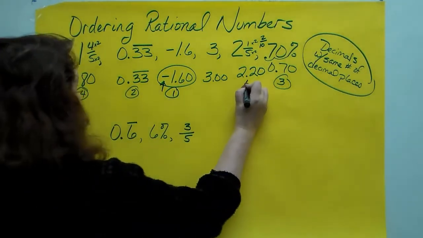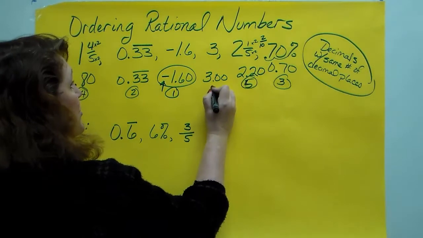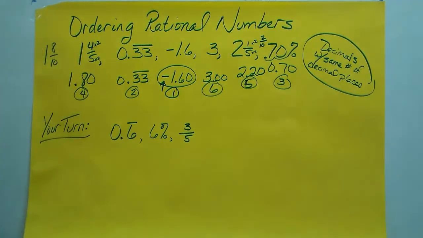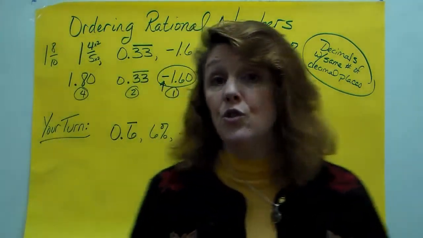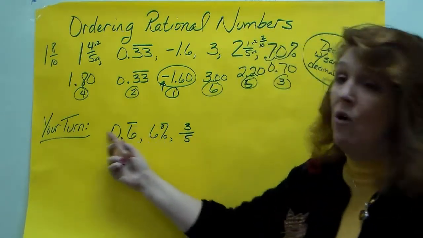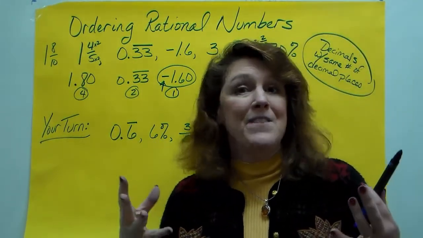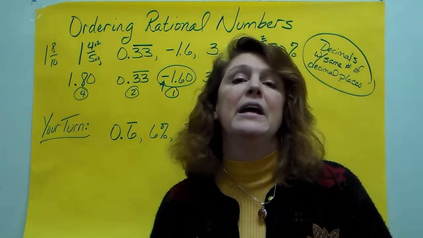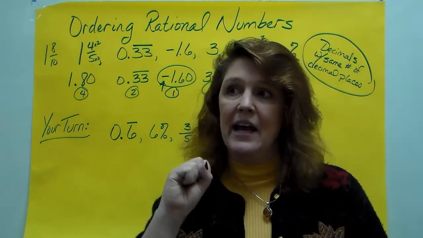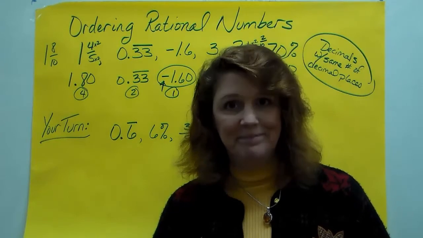This one starts with a 2. This one starts with a 3. Got me? Your turn. Give it a try. Now these don't have all the whole numbers with it. You have to get a little bit more finesse in your work. So give it a try and push pause, and I will see you in a few minutes.